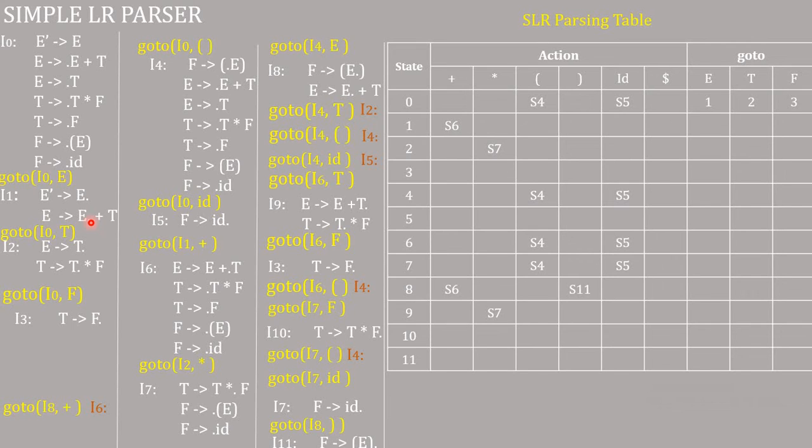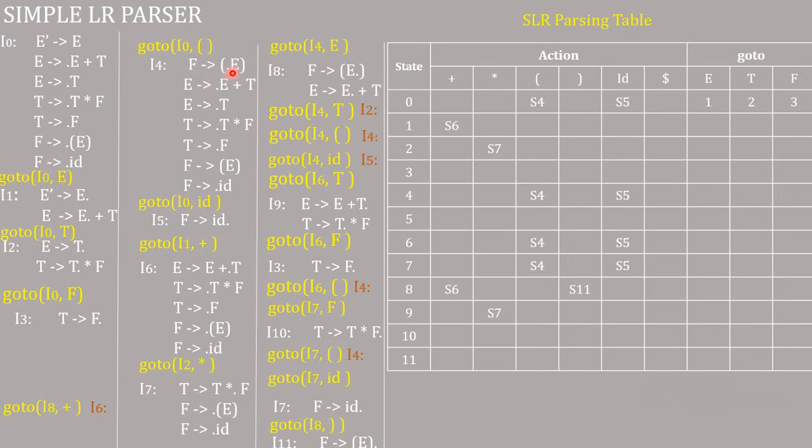Only if the dot is followed by a non-terminal can you go with the go to operation. So for item set 1, or state 1, the go to operation is not applicable. Let us go with item set 2. Here the dot is followed by nothing. In the second production, the dot is followed by a terminal. So here also it is not applicable. The next one, I3, here also it is not applicable.